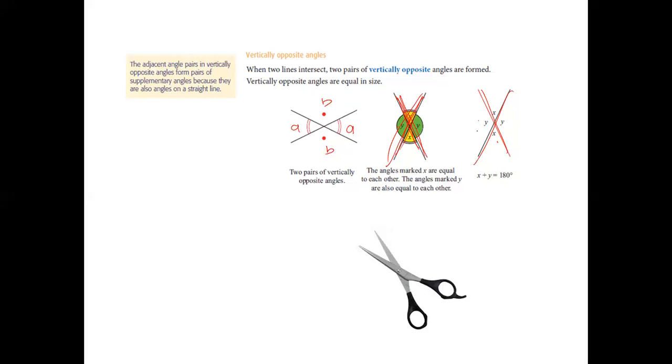The angles marked x are equal to each other. The angles marked y are also equal to each other. And don't forget, x plus y is 180 because it's a straight line, and they are supplementary angles.